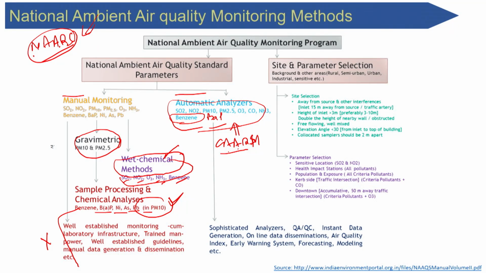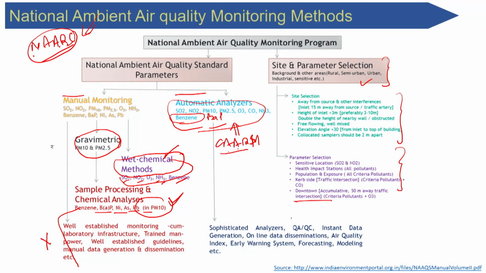Prior to that, I talked about sample site preparation and parameter selection, which I discussed in the previous lectures. I think I took two or three lectures, so I don't need to repeat it. It is very important that size selection and representativeness be ensured.